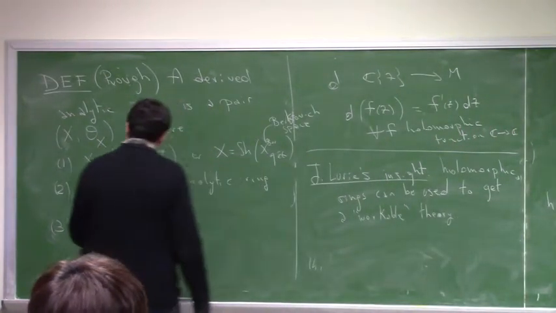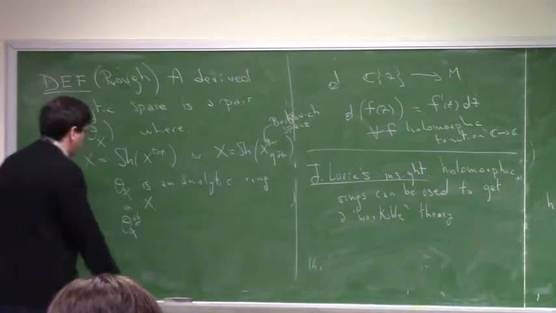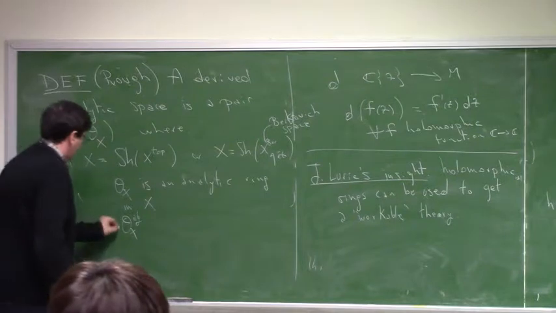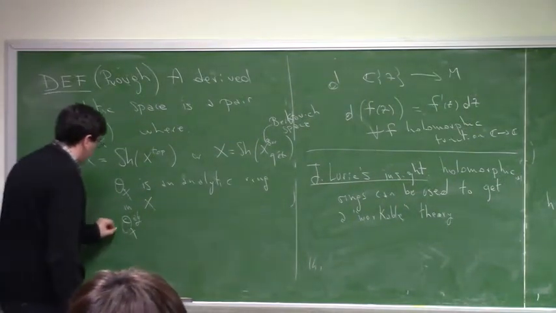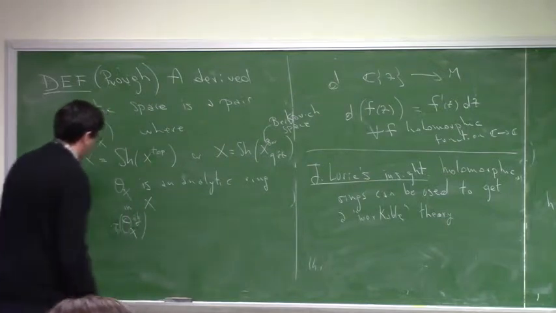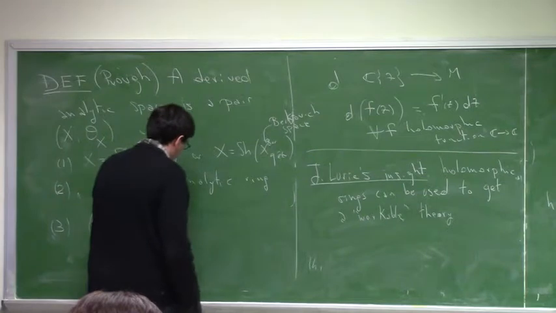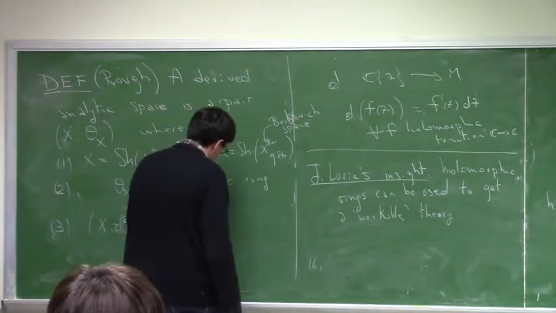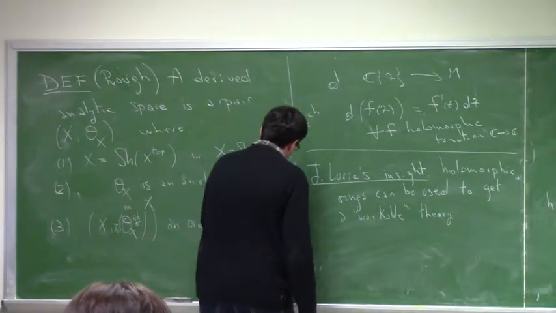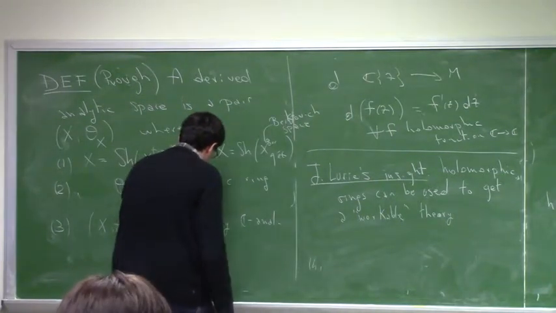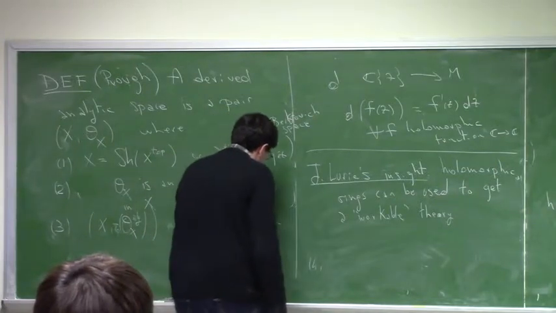So I denote the resulting sheaf of simplicial rings by underlying algebra, and since this is a sheaf of simplicial rings, I can take its π0. And I want this pair to be an ordinary complex analytic space or Berkovich space.